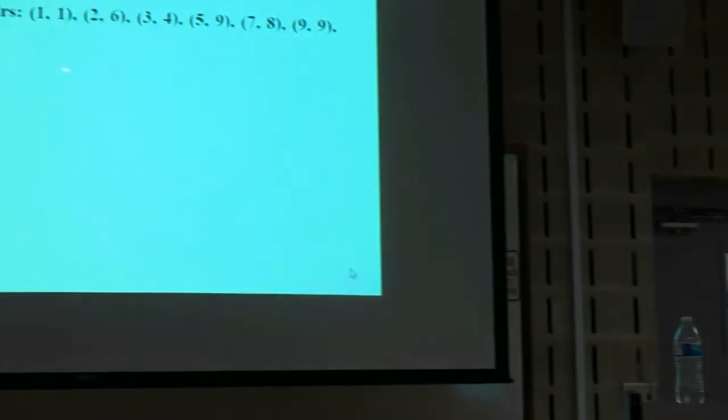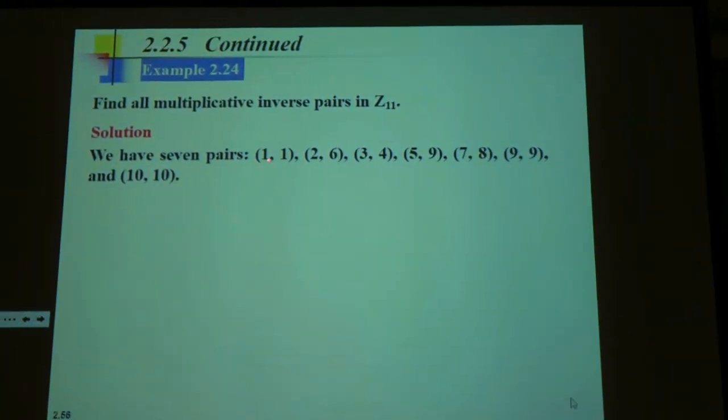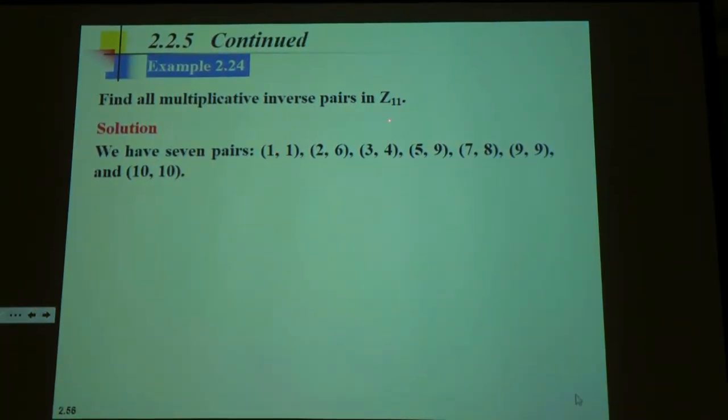So find all the multiplicative inverses in Z11. Let's try it. 1 times 1 is 1, modulo 11 gives you 1. That's easy, right? Let's try 3 times 4. 3 times 4 is 12, modulo 11 gives you 1.